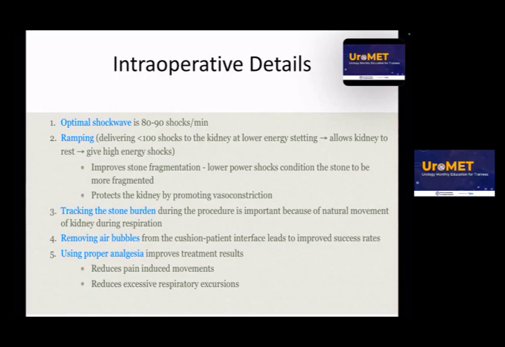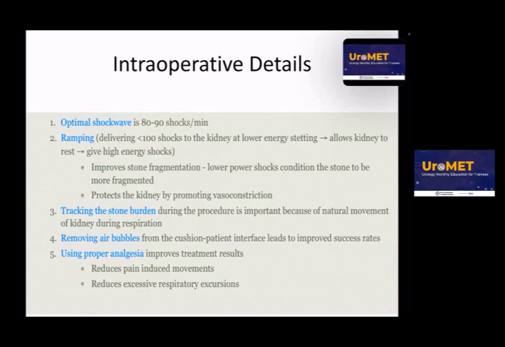Tracking the stone during the procedure is important because of the natural movement of the kidney with respiration. Usually we don't do it, but it will improve the stone-free rate. And with the coupling device, we have to remove the air bubbles between the cushion and the skin surface. It will again increase the stone-free rate.